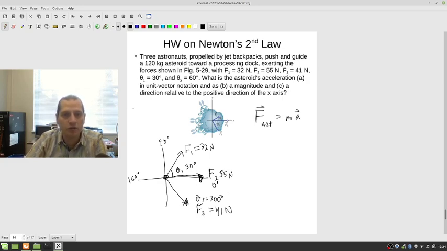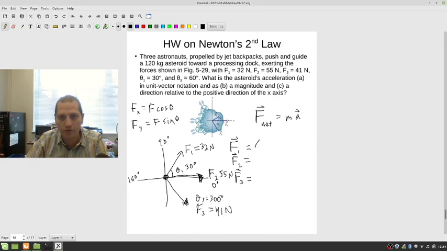Well, if I want to write my Fx components, it will be F cosine angle, and if I want to write my Fy components, it would be F times sine of the angle. And so I can write out my F1, F2, and F3 all as vectors.